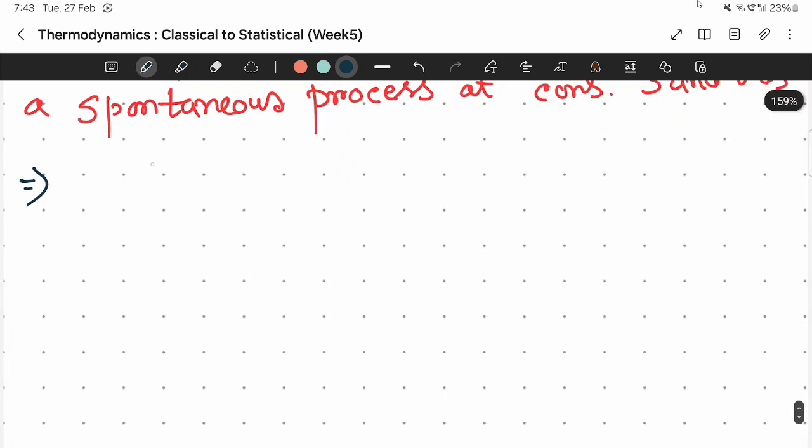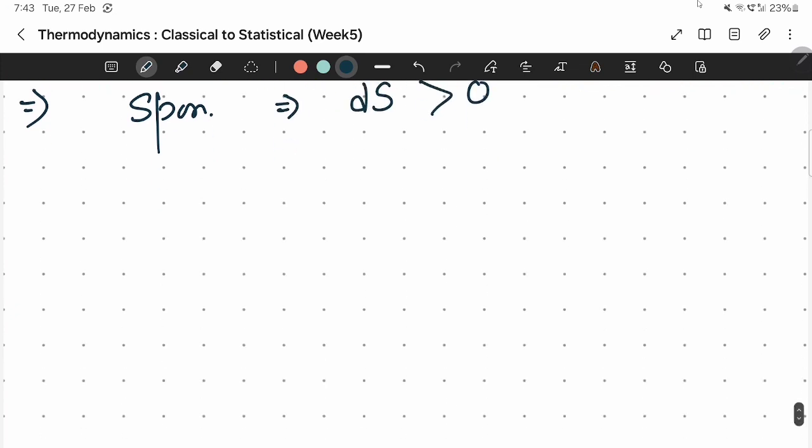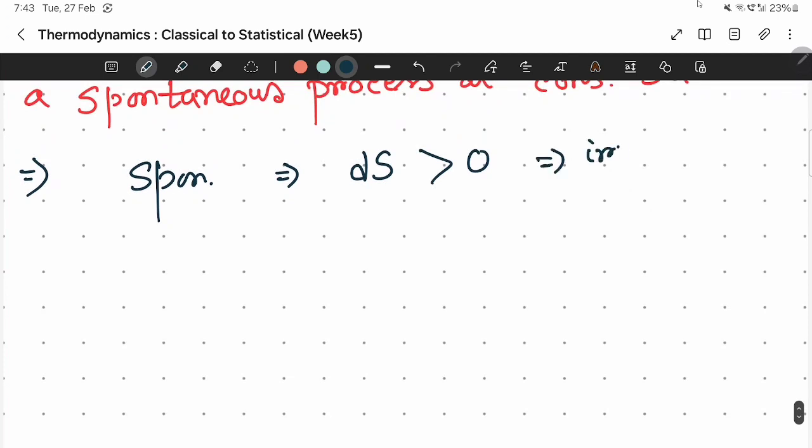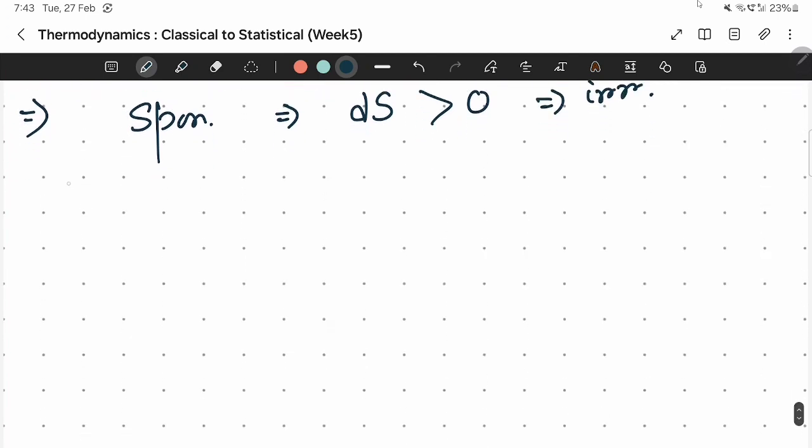We know for any spontaneous process, del S should be greater than 0. Spontaneous process essentially means the irreversible one, right? We have discussed these things.